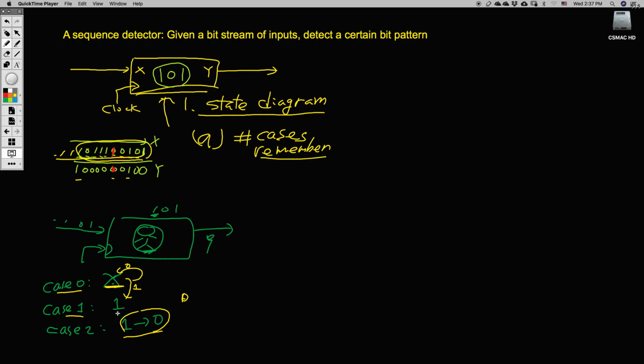So if you are in case 1, remembering that I'm in case 1, at that moment, if 0 enters, then I'm moving to case 2, since 1 and 0 have been entered. But if 1 comes in, then this is another start of the bit pattern. It's not moving to any other case yet.